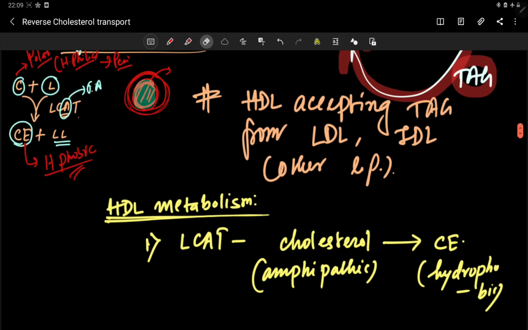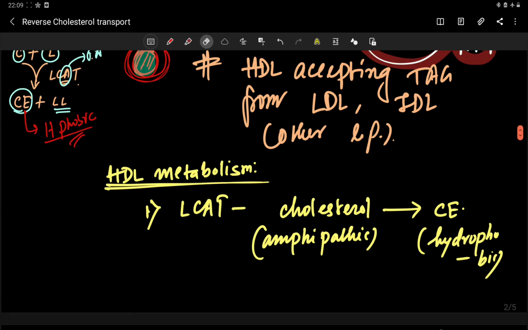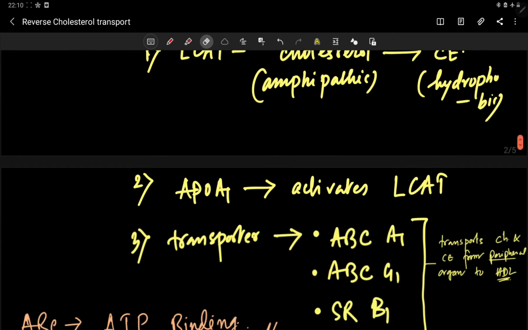When I am talking about the reverse cholesterol transport, first of all, I am talking once again about the LCAT enzyme. This LCAT enzyme, which is converting your cholesterol into cholesterol ester, this one. Okay, and I also told these things previously, that your apoA1 protein, apoprotein A1, this actually activates your LCAT enzyme.